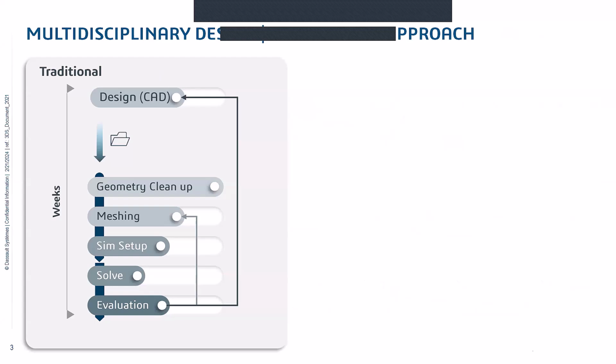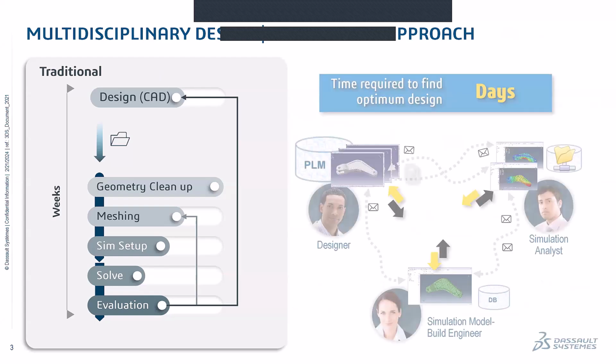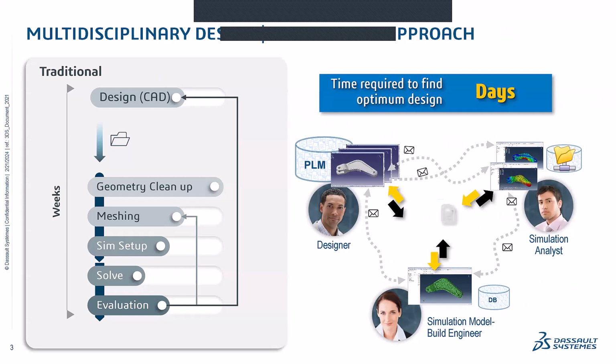So again, traditionally, the designer shares CAD data with multiple simulation engineers or analysts, and each engineer works on their own local version of the CAD to set up the physics scenario and evaluate the results. And if those results don't meet the requirements, that triggers a discussion for the design change. Emails start to be exchanged, and eventually the CAD designer will need to update the model and reshare the models back, and it gets very complicated very quickly to ensure that all stakeholders are working on the same versions of the design.